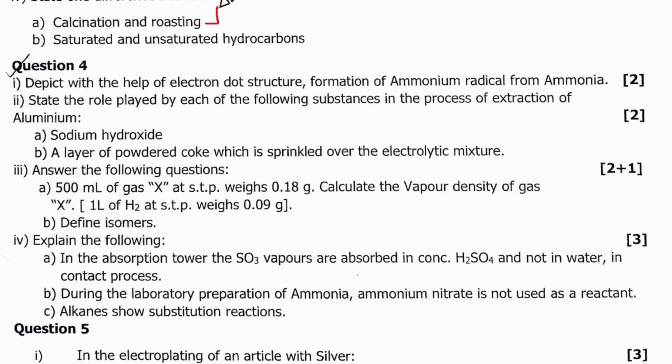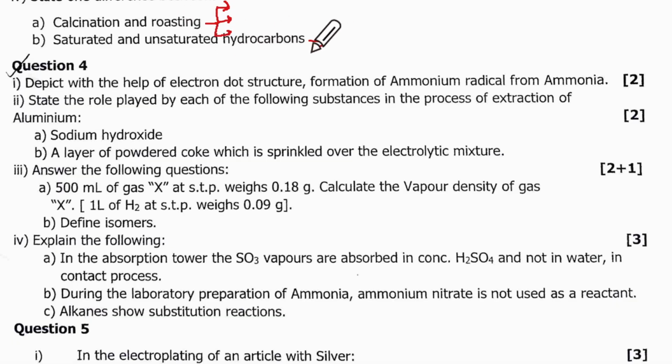Now remember, the first one is definition, second is that calcination is for carbonate and roasting is for sulfide ore, and then which gas is liberated: in calcination CO2, and in roasting the gas evolved is SO2.